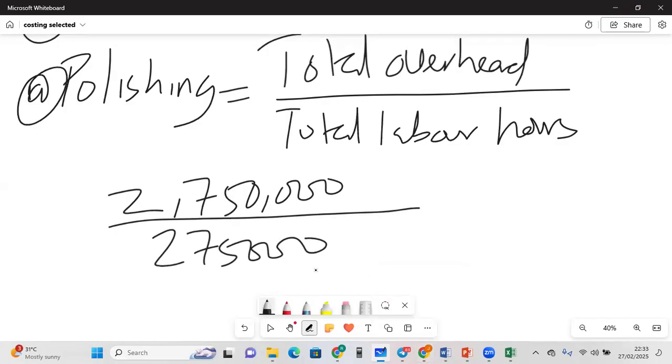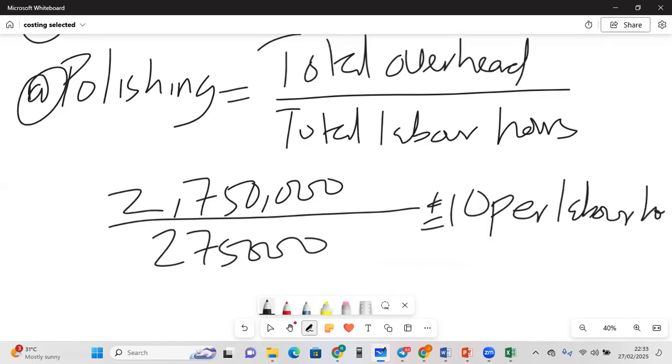When we divide this, we are going to get 10 cedis per labor hour, right? So that's for polishing.